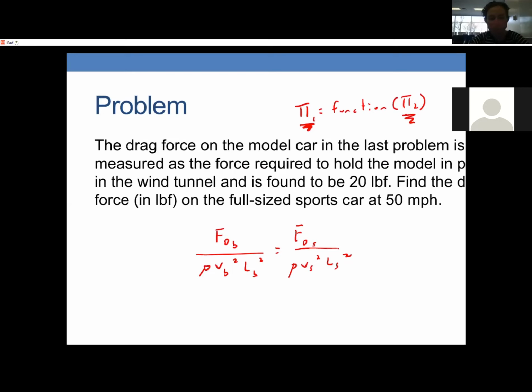We already figured out through experiments that those were the only things that mattered. From that, we were able to figure out that these were the only 2 pi groups, and it's the same function because those are the only things that go into this, and physics still works the same on the big one and the small one. Okay. All right, thanks.